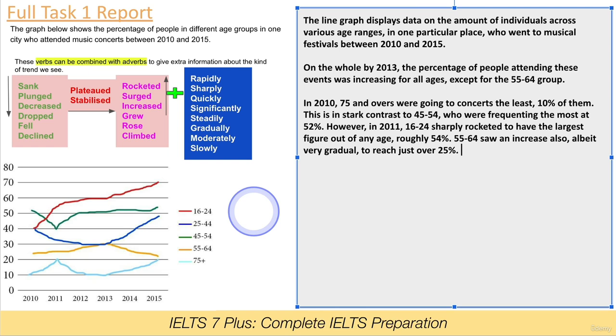Okay, now let's talk about 2012. What happens here? Maybe we can mention 25 to 44, dipping there. And actually, we could mention this dramatic drop of 45 to 54.